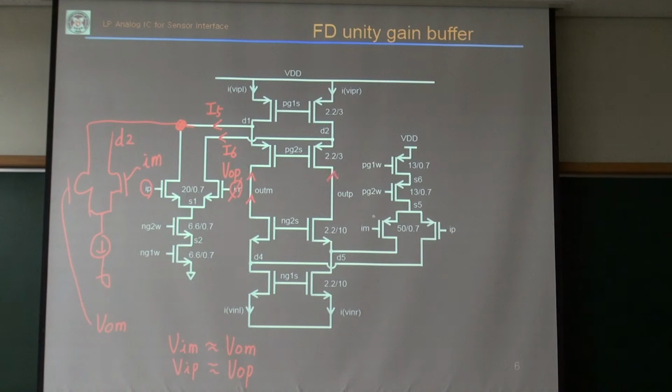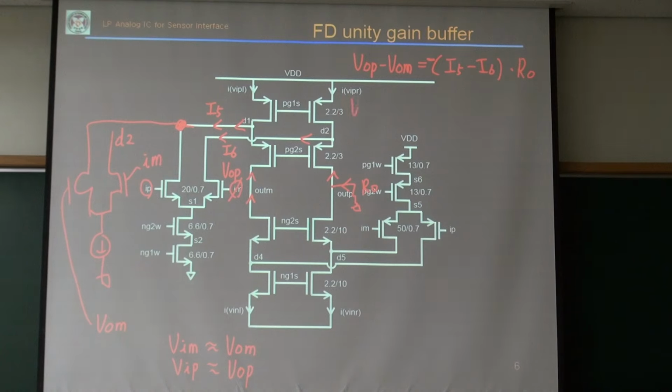Oh, no, it's a negative, okay? So here VOP minus VOM should be this current, I5 minus I6, times RO. And there is a minus sign there, right? Because it's flowing out. If there is an arrow there, it just flows out, okay?